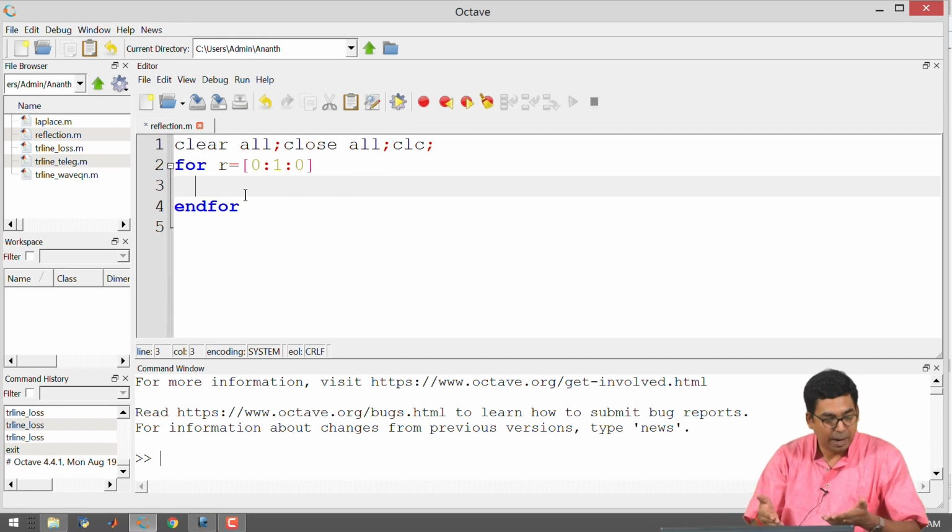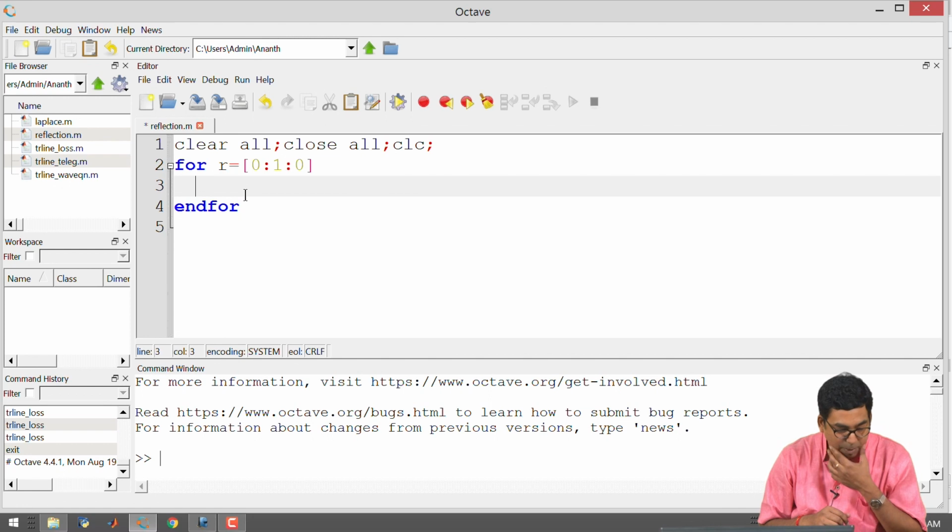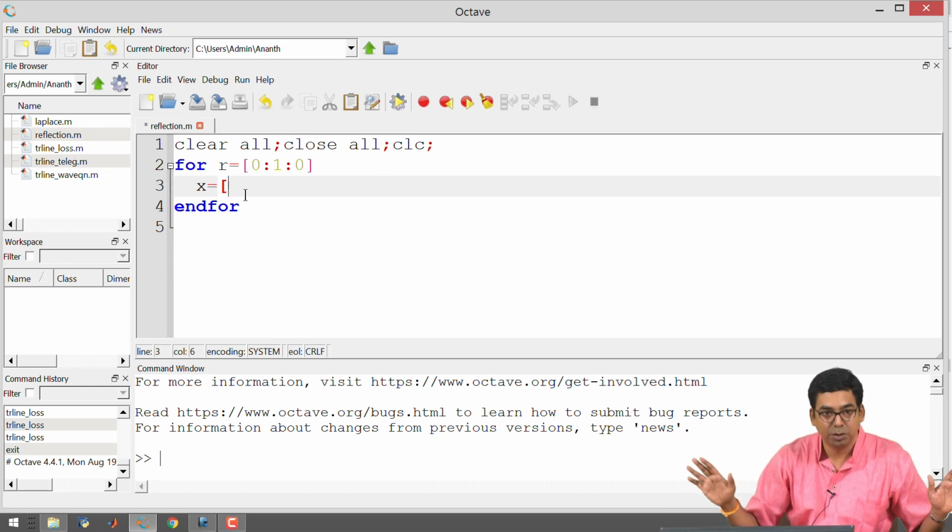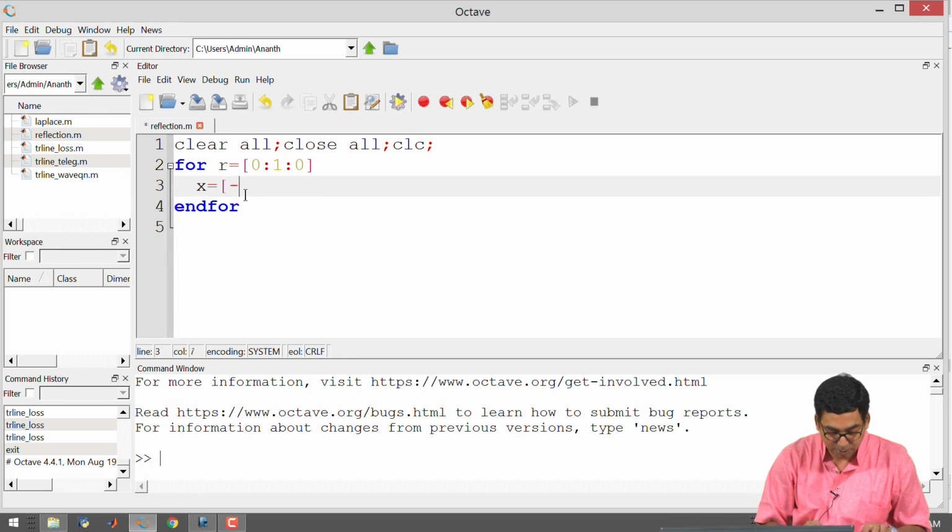Okay. So, I have another loop in between, which will compute the value of gamma. Let us say that I want to have an insanely wide range of X. So, I am going to go from, these are the normalized values, mind you, divided by Z naught.